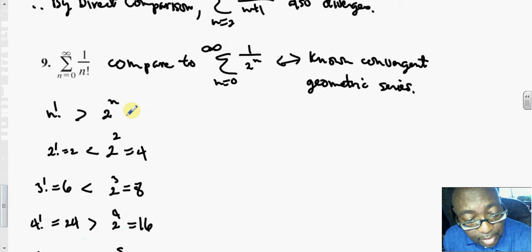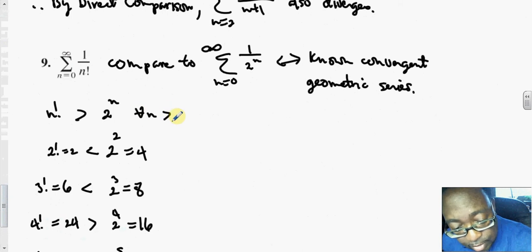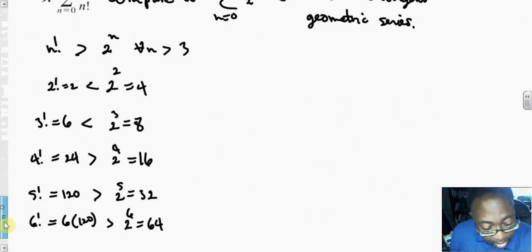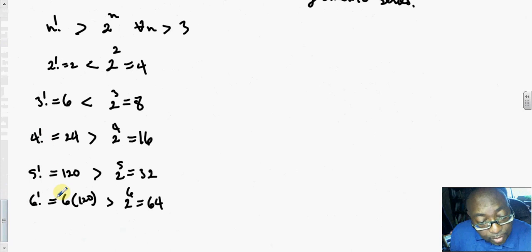So this is the case for all n greater than 3. Here's 3 factorial, we get 6, and here's 2 to the 3rd, that's 8. So it's safe to say definitely above 3. So you get to 4 factorial and beyond, and the factorials become greater than this base 2 raised to the so-called nth power.